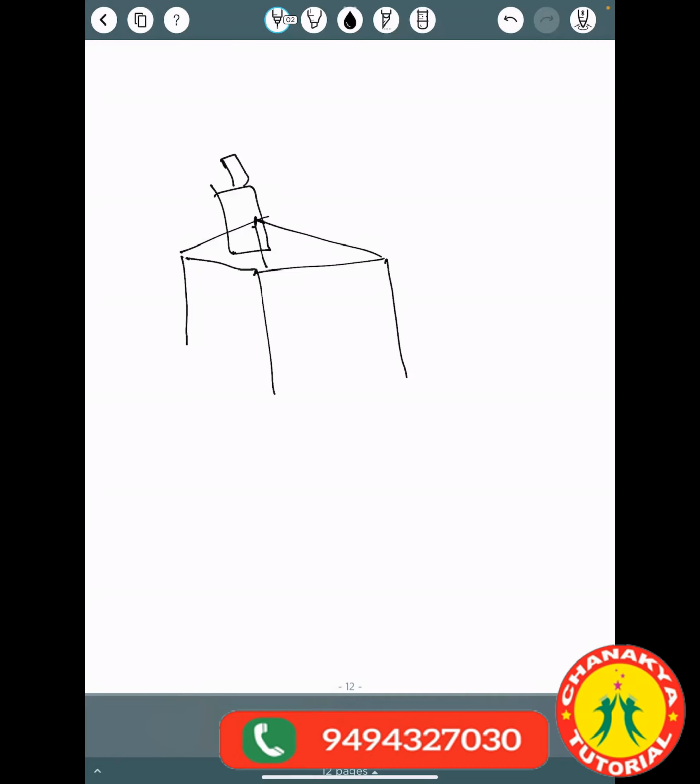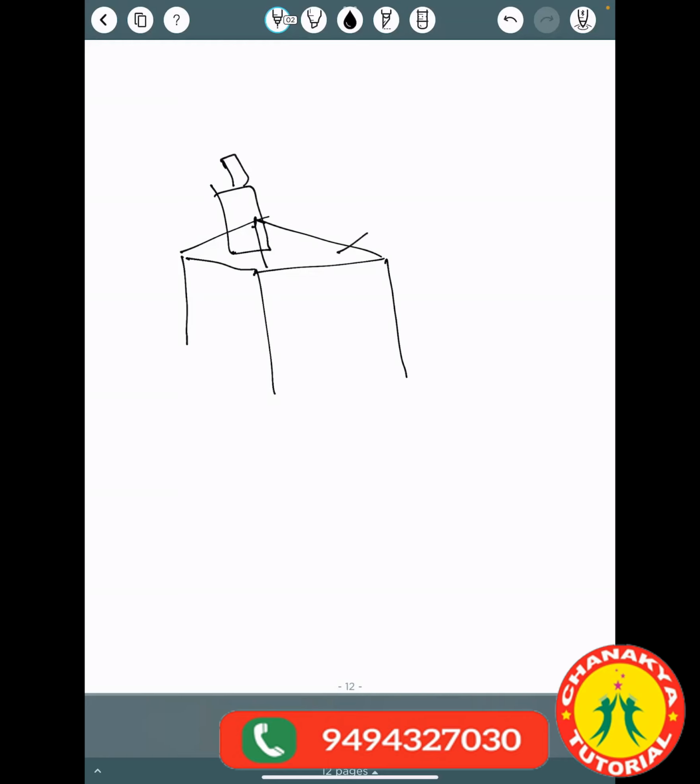Let's say I have a table again, but now I have 4 legs. Okay. And there is one block kept on it and then one more block kept on it.